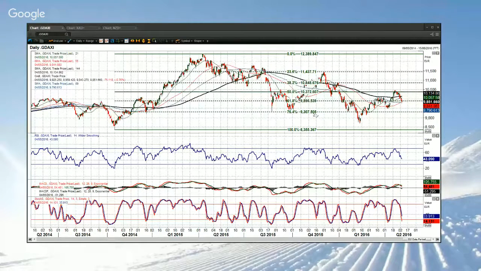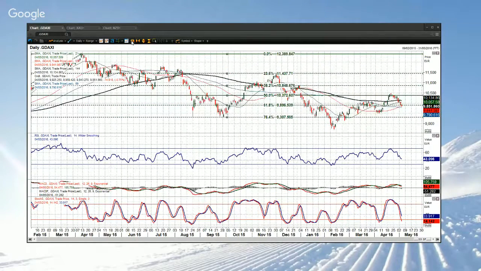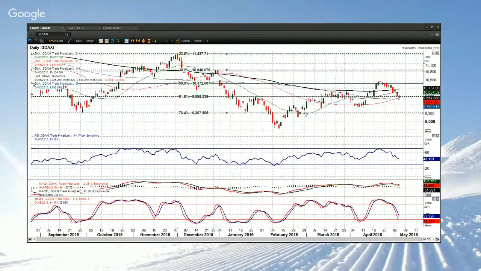Those fib retracements have been awesome on the DAX on a longer-term basis, consistently providing the key turning points on this chart. If I zoom in here, you can see 76.4 has been consistent as well, but also 61.8 catching highs and also lows, but you've now fallen through that.